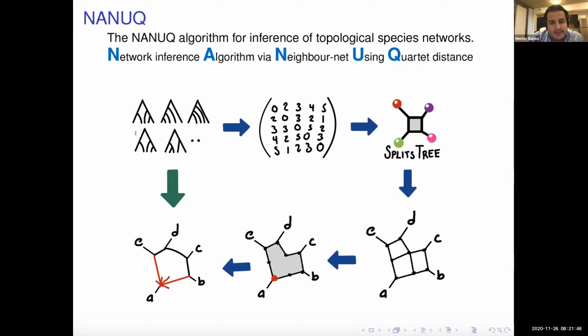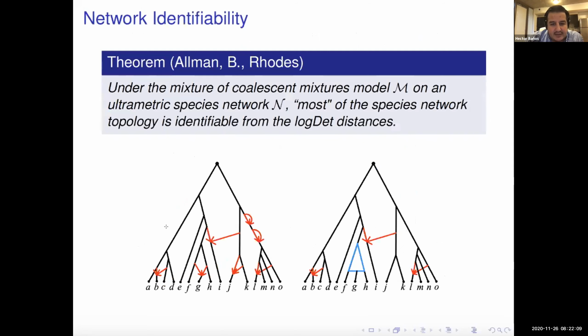The input of this algorithm is gene trees; if they have been generated under the network multi-species coalescent model on a level 1 network, the output will be an unrooted semi-directed network that shows some of the hybridizations. More precisely, if you generated gene trees under this network and you feed them to Nanook, you will get the unrooted version of that network.